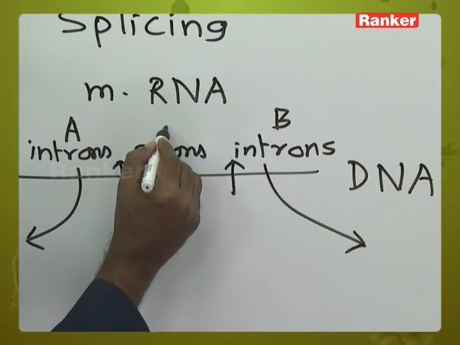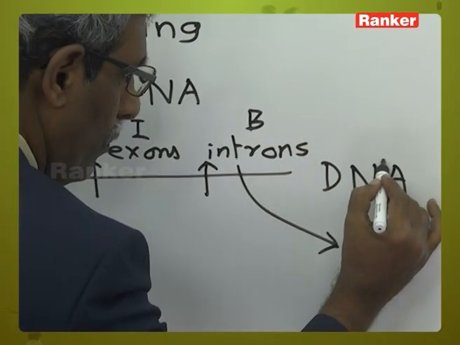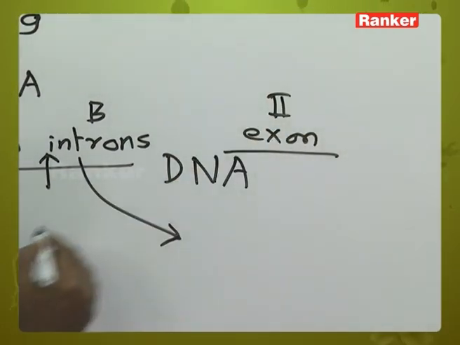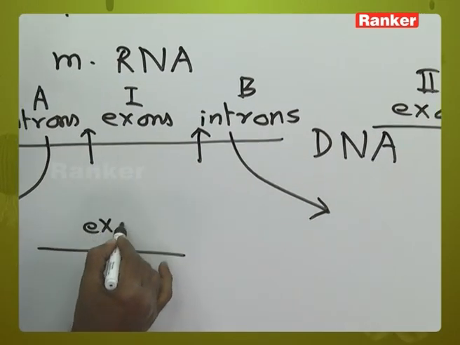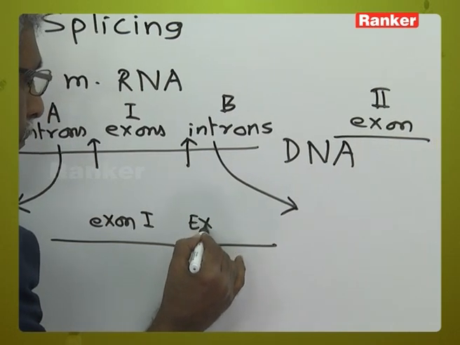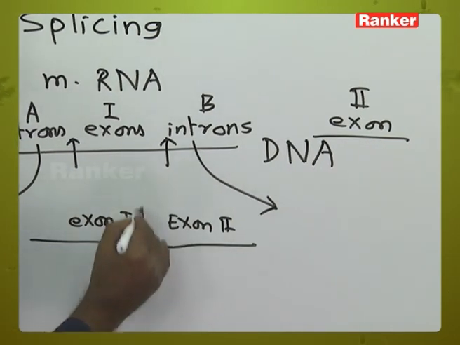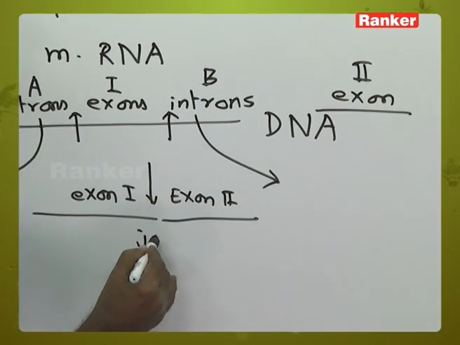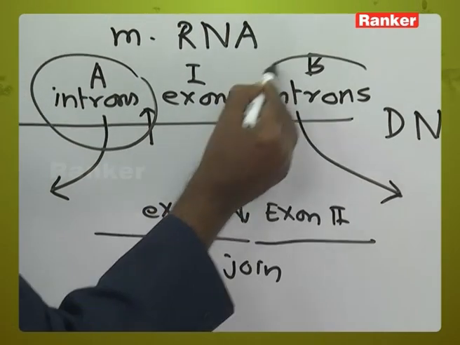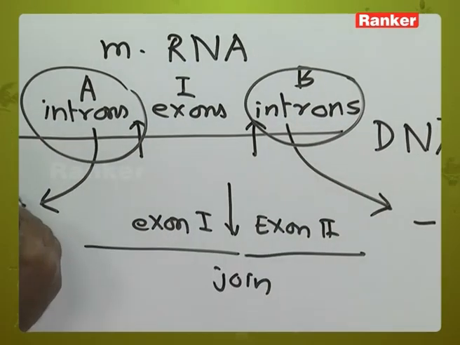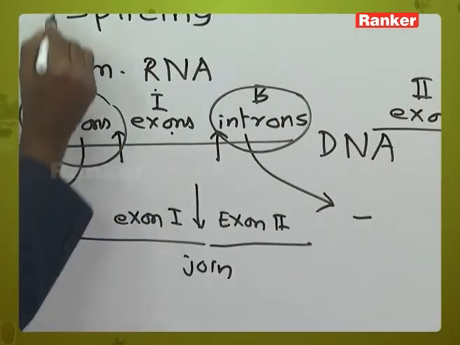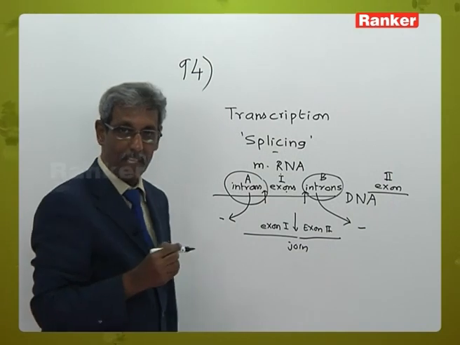And if this is an exon called 1 followed by another exon which is called 2, exon 1 can join with exon 2. So the process wherein introns are primarily removed and one exon portion joins with another exon portion, this technique is termed as splicing.